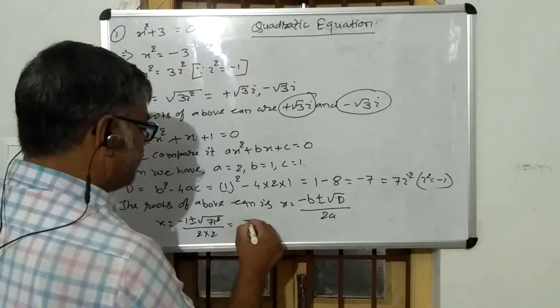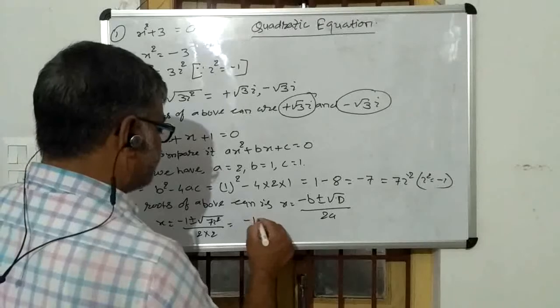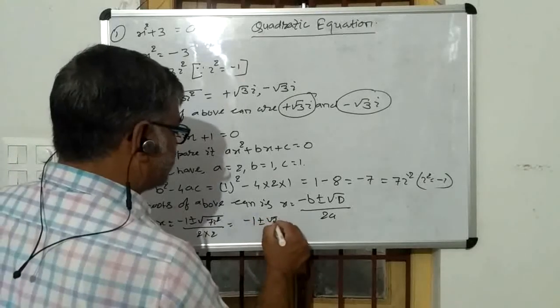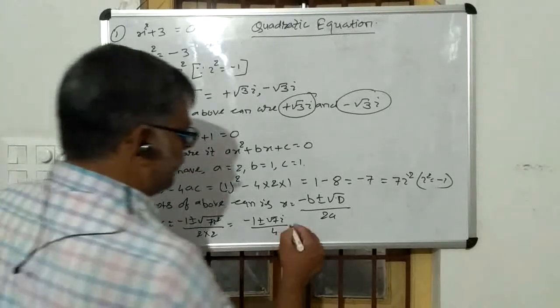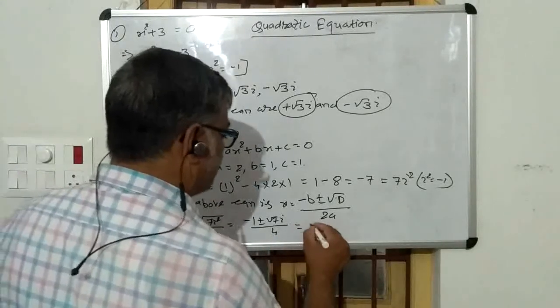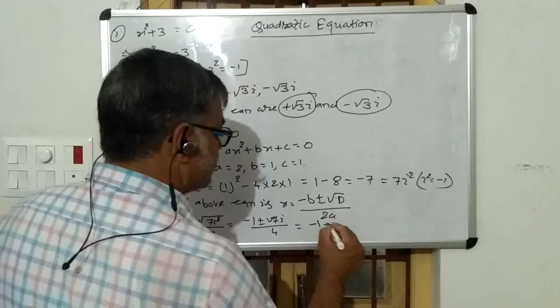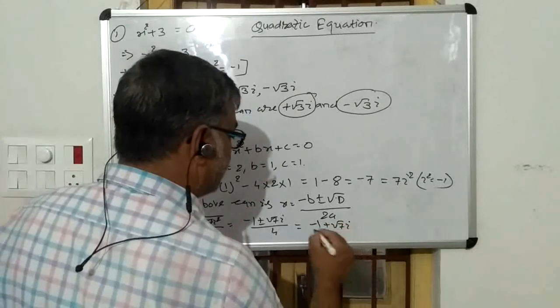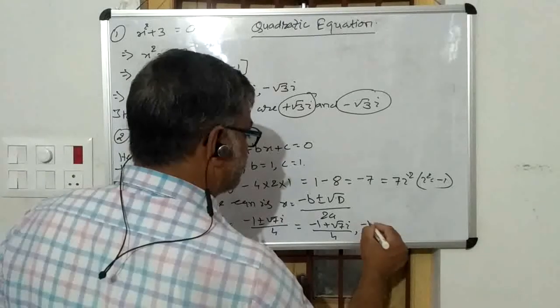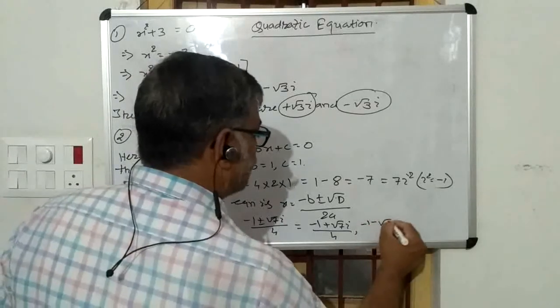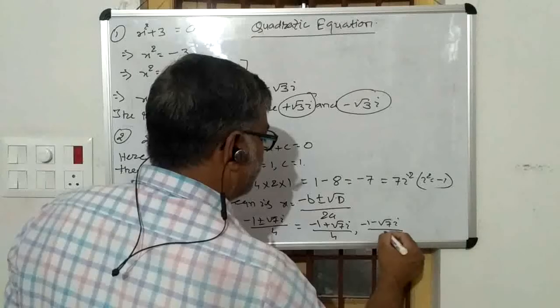So it will be minus 1 plus minus root under 7i by 4, which can also be written in this form: minus 1 plus root under 7i by 4 and minus 1 minus root under 7i by 4.